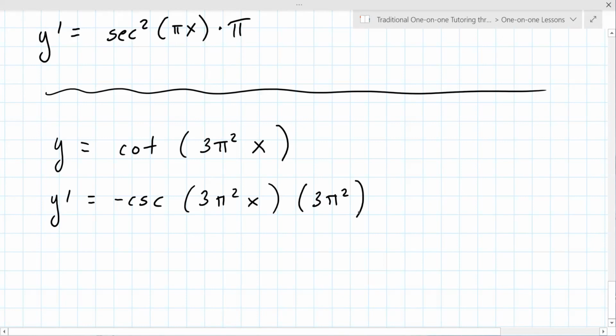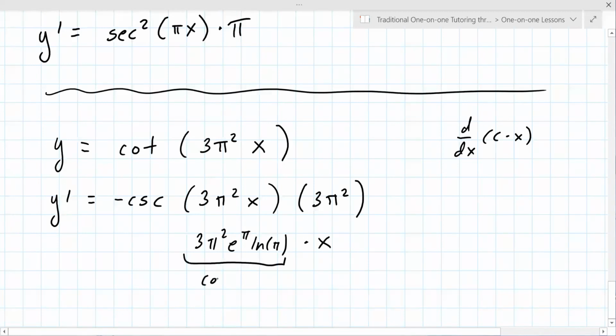On this part that you just now wrote? Yes. If you try to multiply 2 times 3, remember x is the variable, and d/dx of a constant times x, it doesn't matter what the constant is. I could go on here. I could say 3 pi squared e to the pi natural log of pi, these times x. This is all the constant.